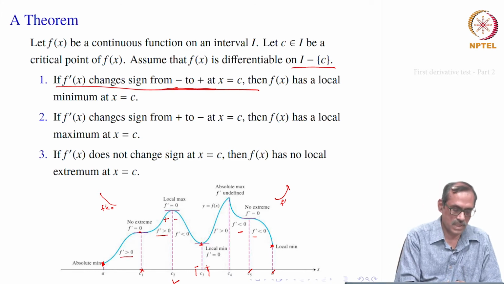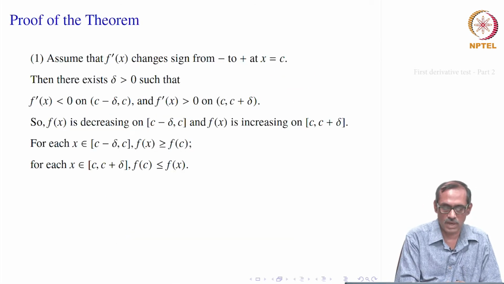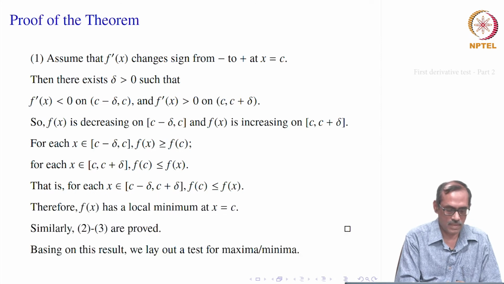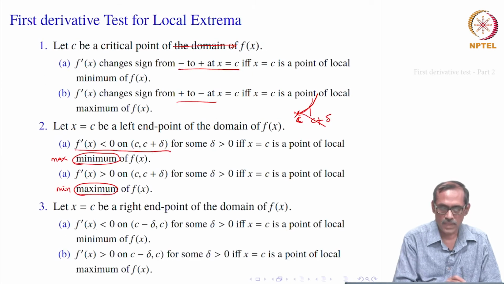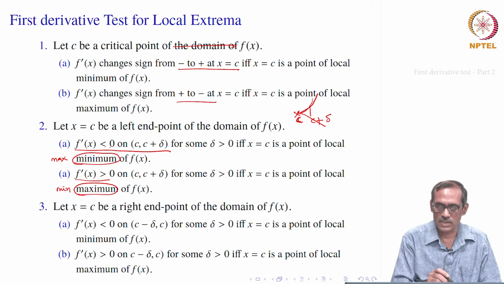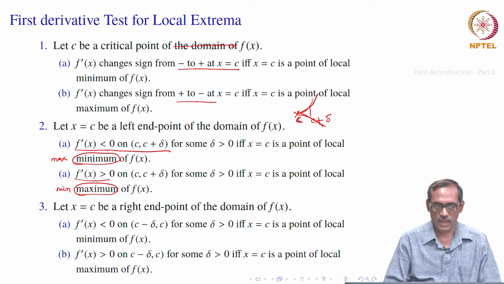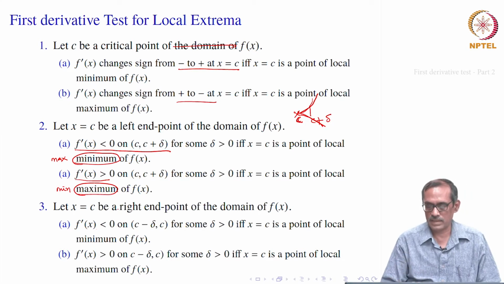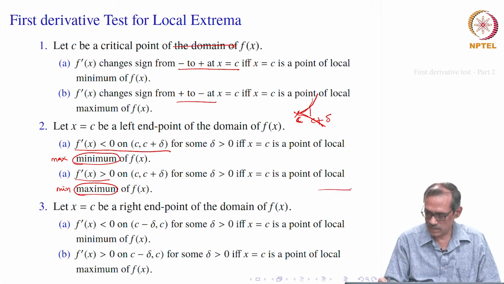Positive on the right neighborhood means it should be a local minimum. Is that clear? So if it is positive, then it should be a local minimum, and if f prime x is less than 0, it is this way, it should be decreasing. So it should be a local maximum.